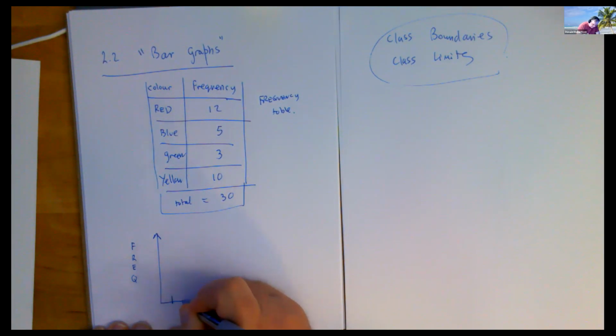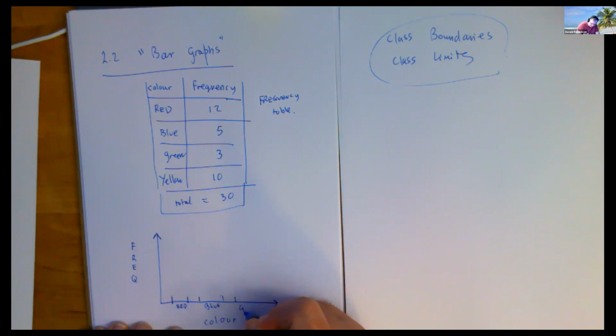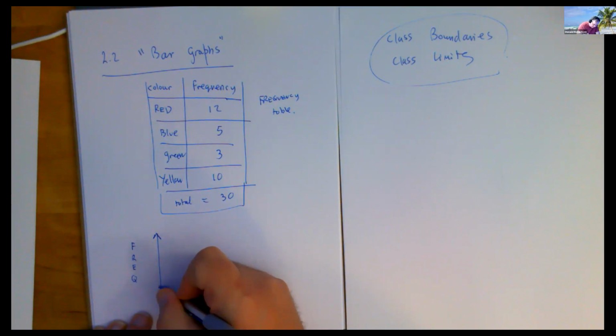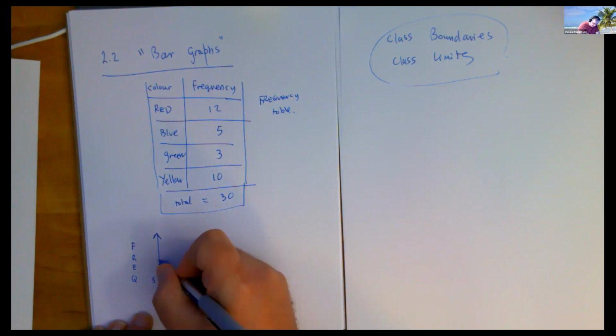And you do red, leave a space, blue, leave a space, green, leave a space, oops, a little bit more room here. This is it, yellow. And since the biggest number I've got is 12, I could probably get away with 1 square represents 1.